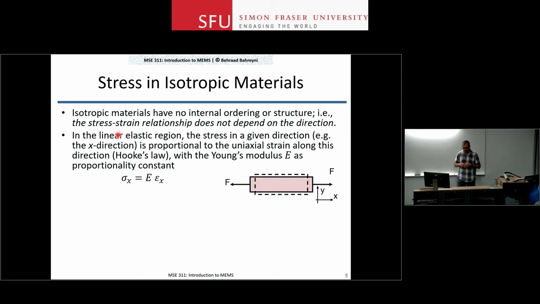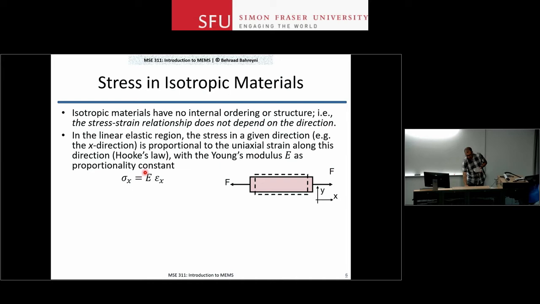And again, based on our experience from day-to-day life, what you can expect is that if you apply a certain amount of force onto this structure to produce a normal stress because of that force, you expect the deformation to be proportional to that. Especially for a brittle material in its linear range.